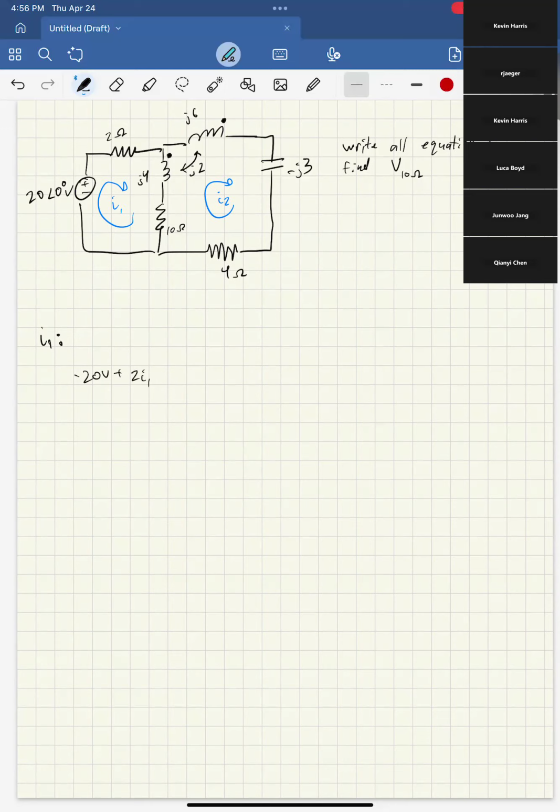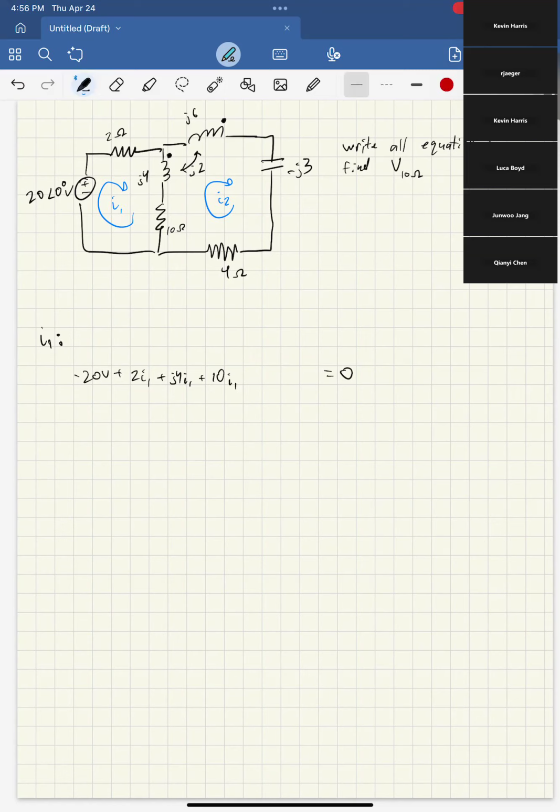And the first time you're going around, my recommendation is just write the mesh current equation as you would normally, and then tack on the mutual inductance term at the end. So here we have 20 volts plus 2I1 plus J4I1 plus 10I1, and that'll equal 0.